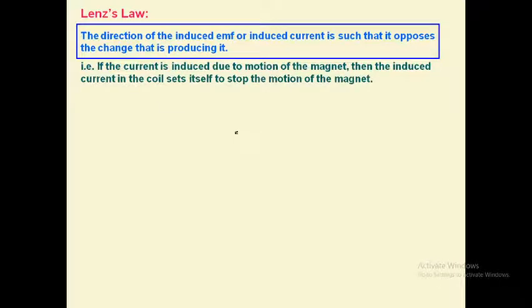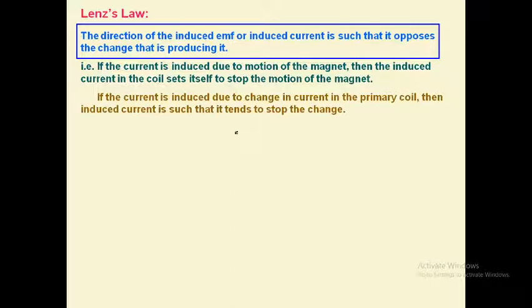That is, if the current is induced due to motion of a magnet, then the induced current will oppose the motion of the magnet. If the current is induced due to change in current in the primary coil, I am referring to experiment number 2, then the induced current is such that it tends to stop the change.